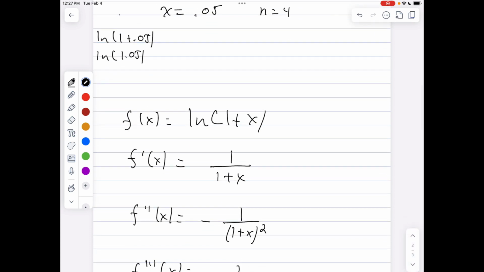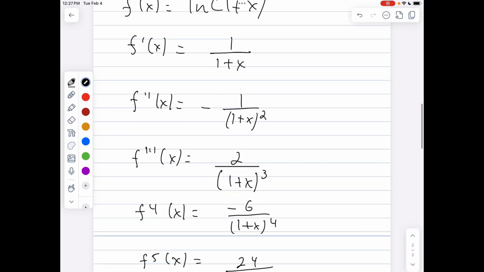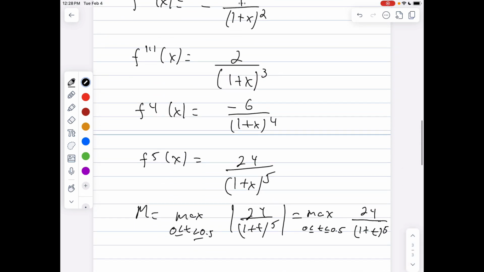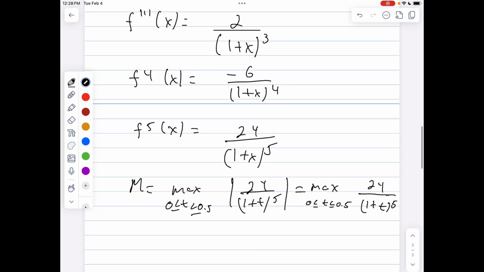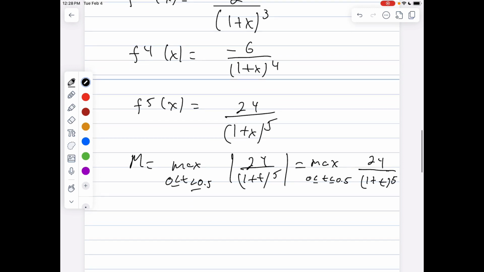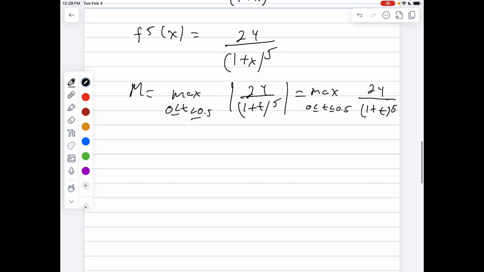So I'm going to take my function and take some derivatives of it, as you can see. And the fifth derivative comes out to be 24 over (1 plus x) to the fifth. What I'm looking for is the maximum value of the absolute value of 24 over (1 plus t) to the fifth between 0 and 0.05. Really, what we call the variable isn't that important.